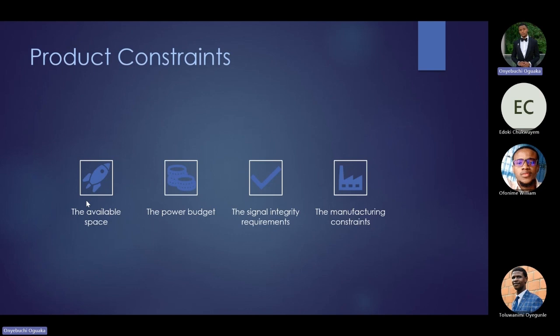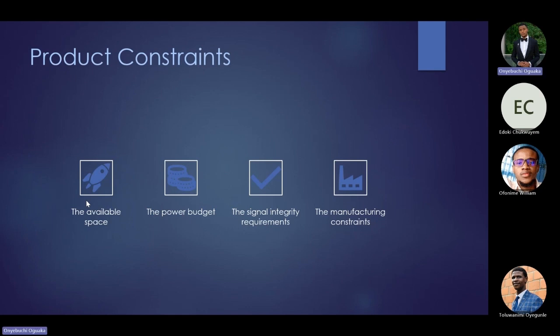Remember I mentioned size, so you have to keep that in mind. It also involves the dimensions and layout considerations of the boards. So as a designer, you must optimize the placement of components within the given space of your PCB to meet the product form factor and functionality requirements.